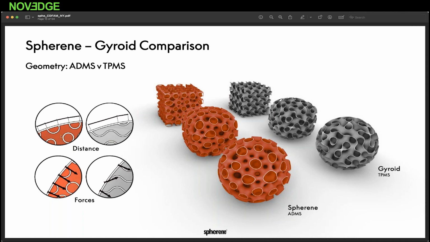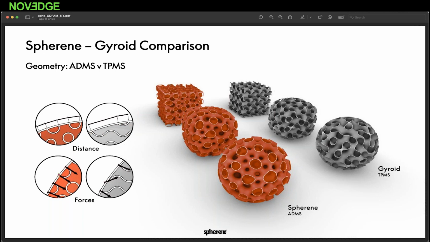Here on the left side, we see the comparison of the gyroid and the Spherene when you cut it out of a more organic form. So the Spherene is mostly regular on the outside, like where the attachment points come on to the surface, as the gyroid is chaotic, as we have like this sine cosine that will be cut away from the organic form.